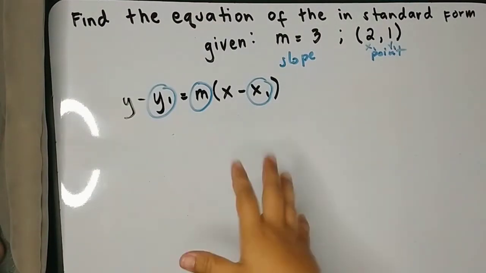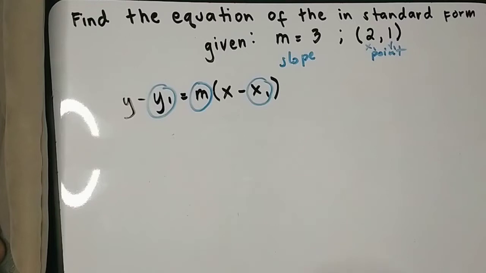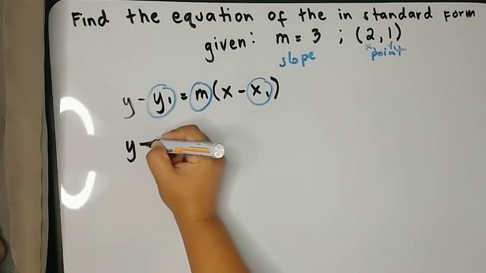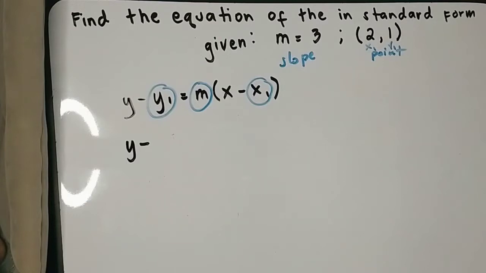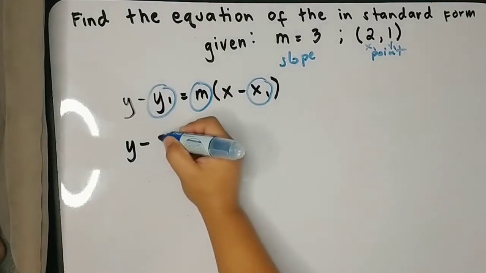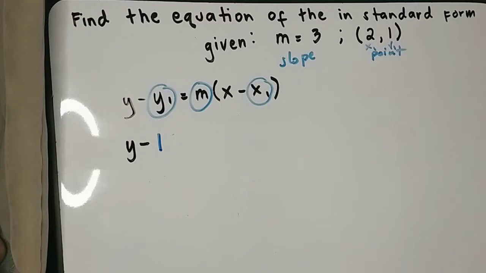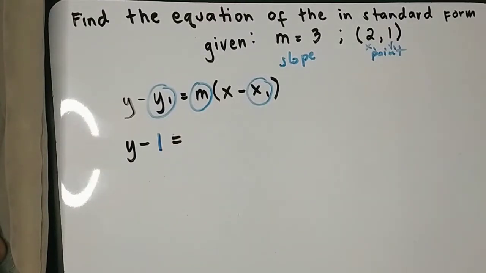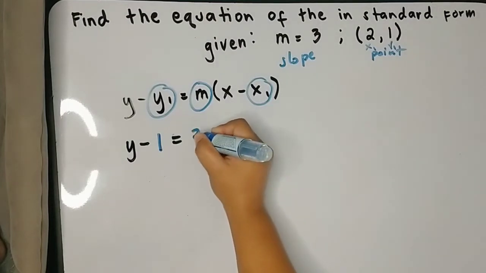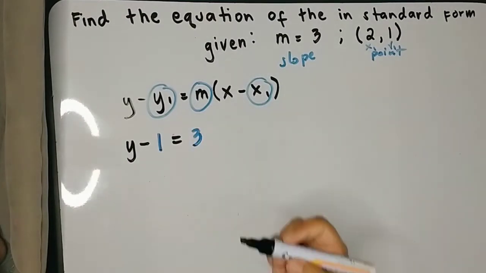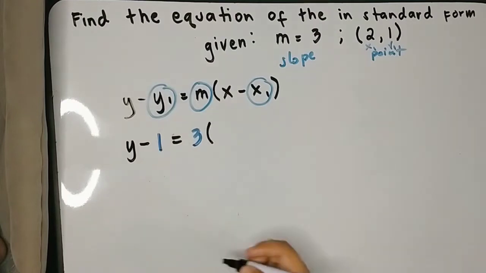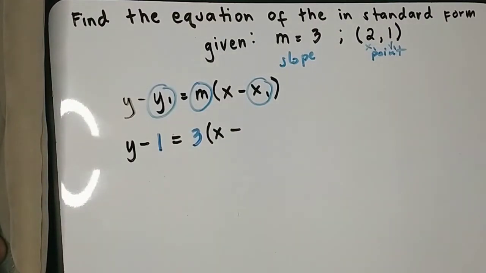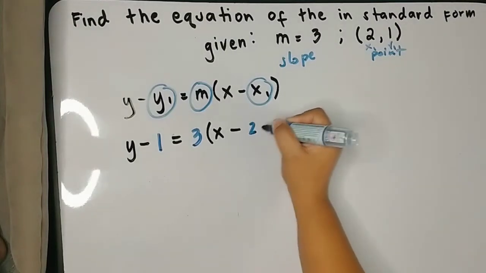So, using again this formula, we're going to substitute the value y, okay, minus y sub 1, that is 1, equals m, that is 3, times the quantity of x minus x sub 1, which is 2.